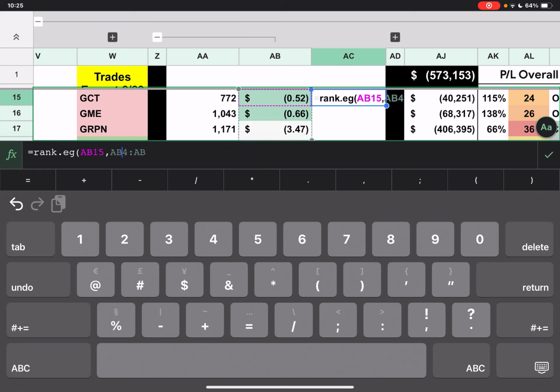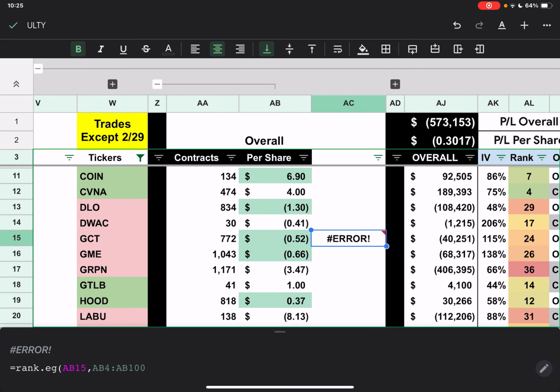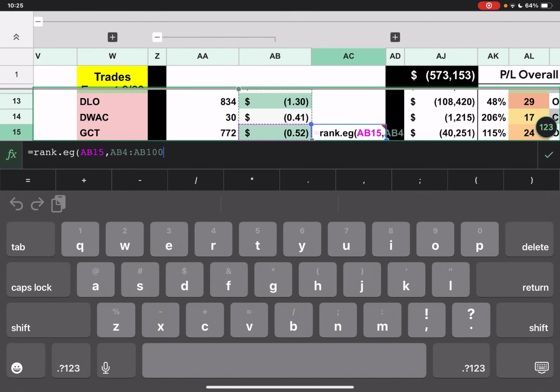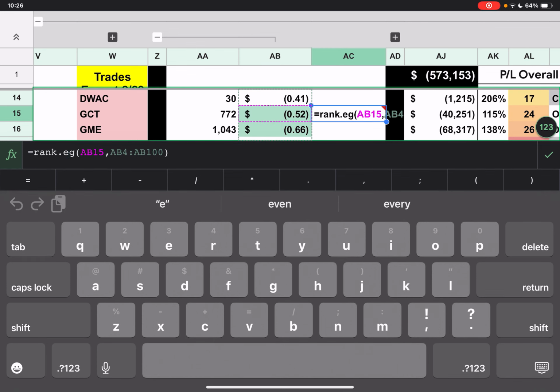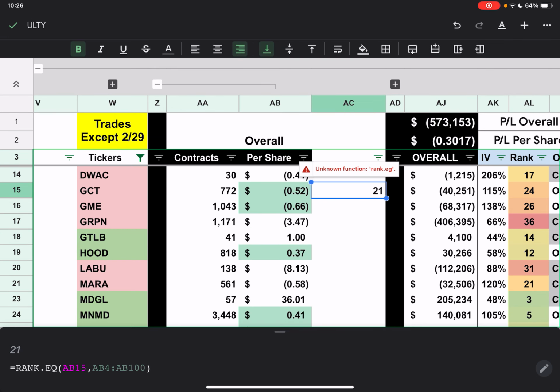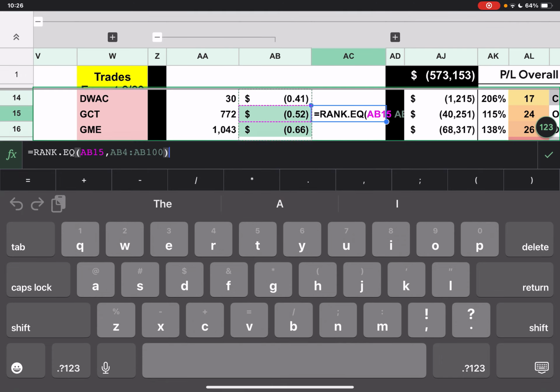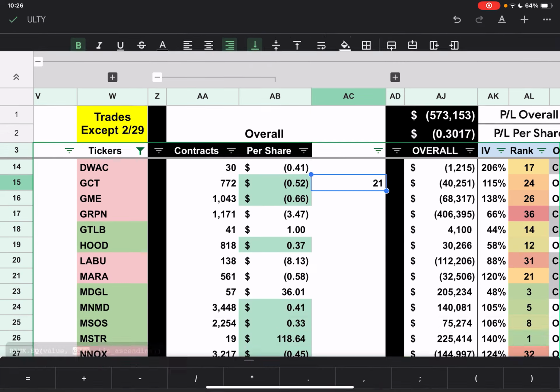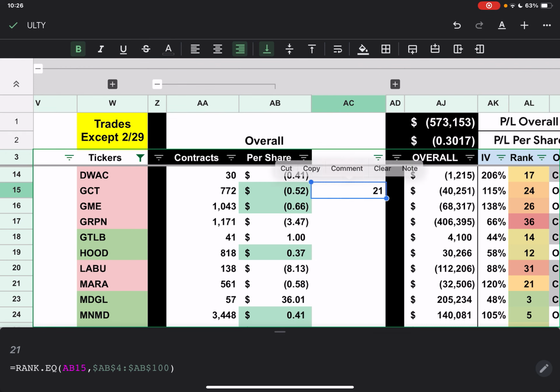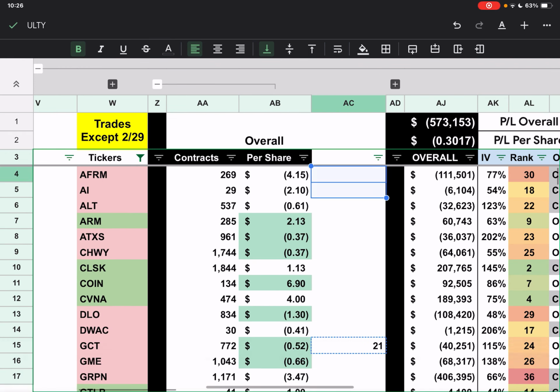I don't know why I put an O. Things work a little differently on an iPad. Oh, I did G instead of Q, that's why. Alright, sorry, I know I'm making this longer.